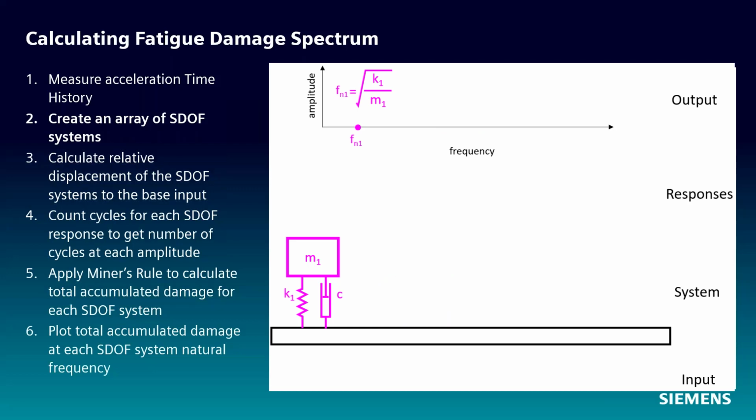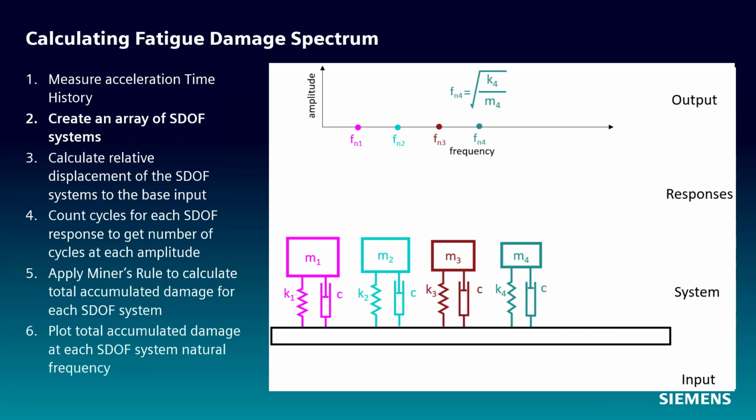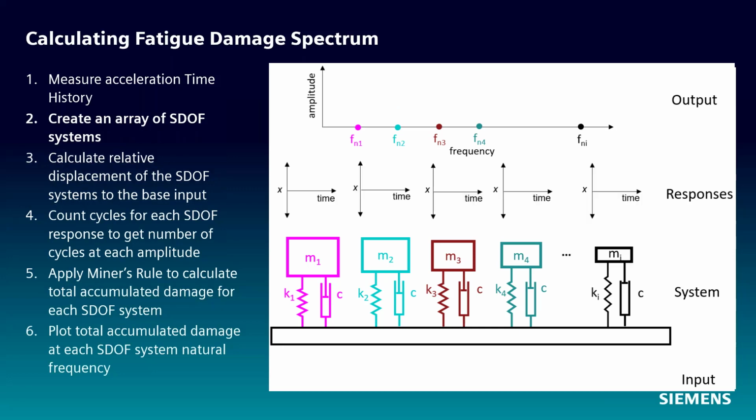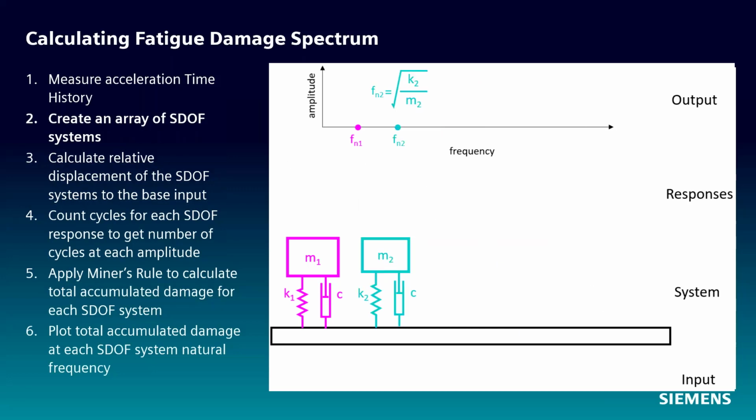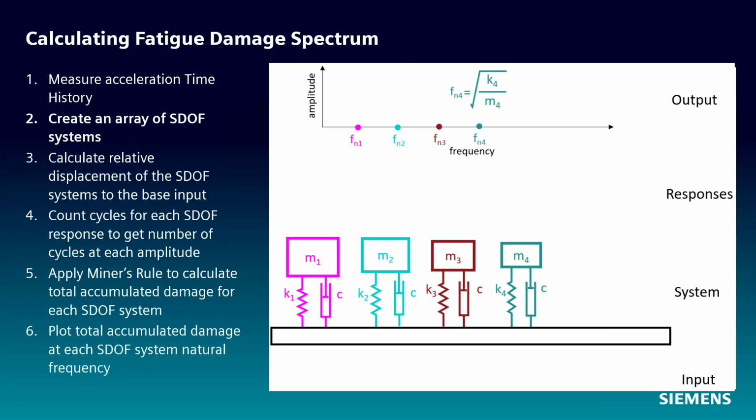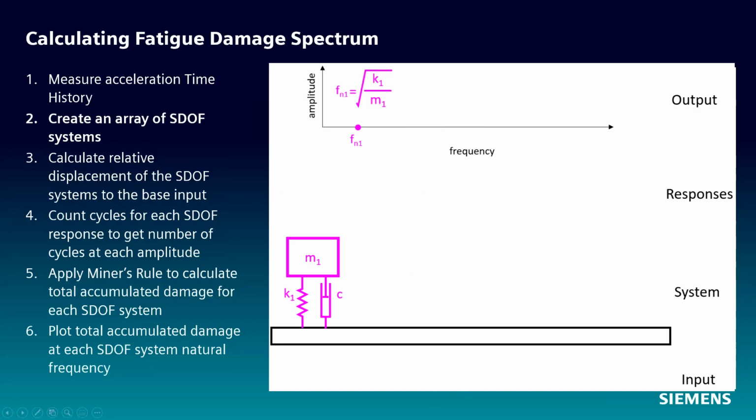So for each one of these systems, the natural frequency is equivalent to the square root of K, which is the spring stiffness, over the mass of the system. And we can plot each one of those along the frequency axis. And for each one of these SDOF systems, we're going to use the same damping.